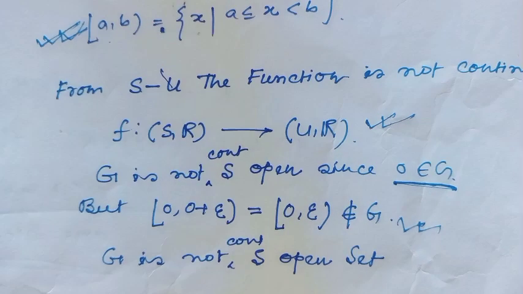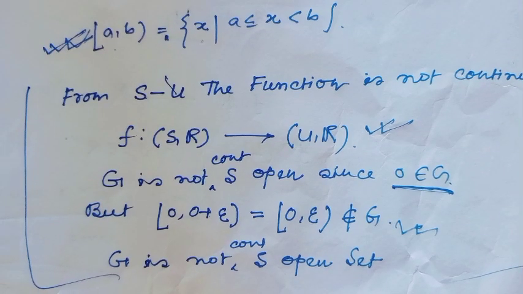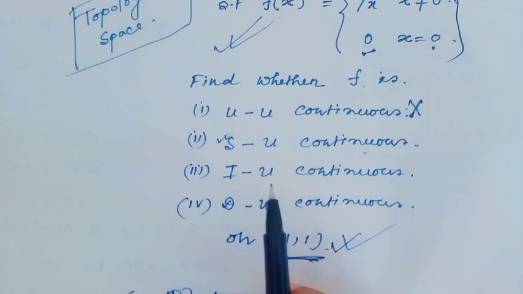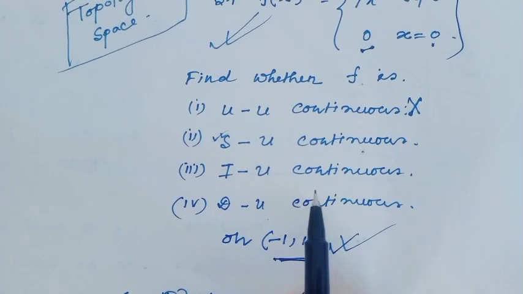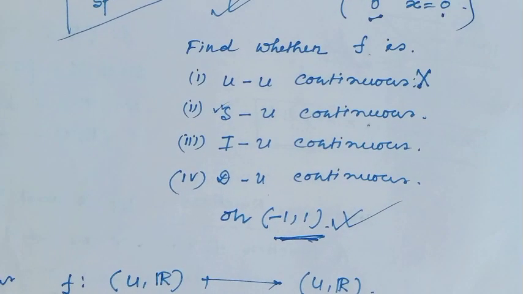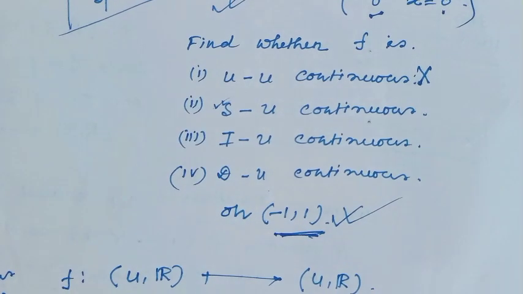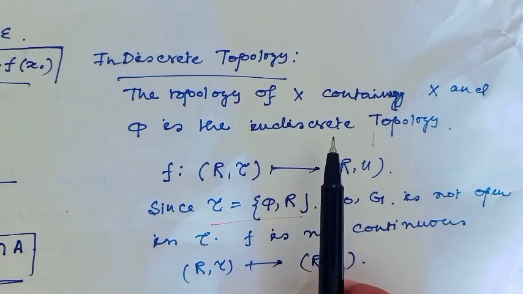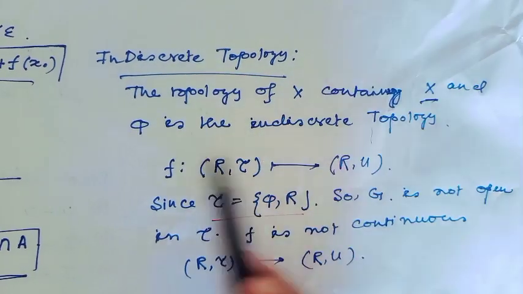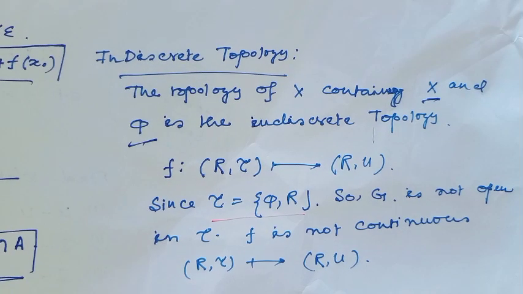I hope all my viewers have understood this concept easily. Now I will check the function defined from indiscrete topology to usual topology. Is the function continuous? At first, what is the indiscrete topology? The topology of X containing only the set X and the empty set phi is called the indiscrete topology.